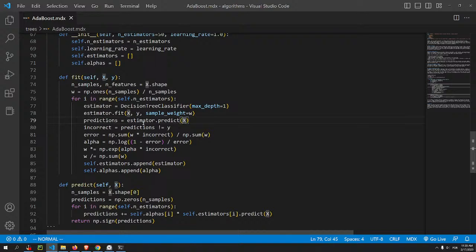No, it's the same X as well. So I'm not really sure if this is correct. I'm going to put this code on ChatGPT and just ask.